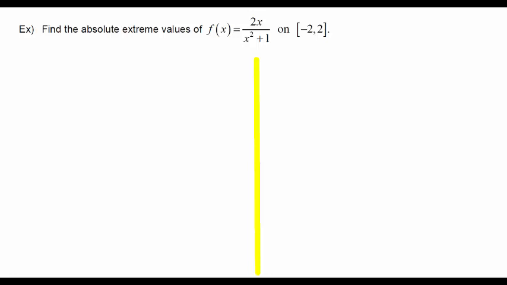Find the absolute extreme values of f of x equal 2x over quantity x squared plus 1 on closed interval negative 2 to 2. Okay, step 1, you can see how this function is a rational function. A rational function is continuous in its domain.